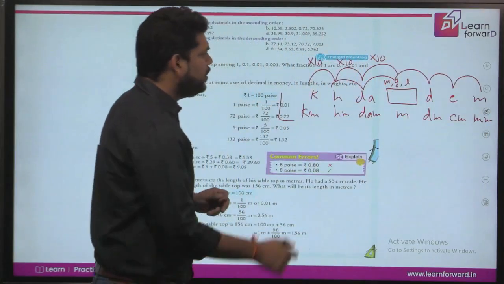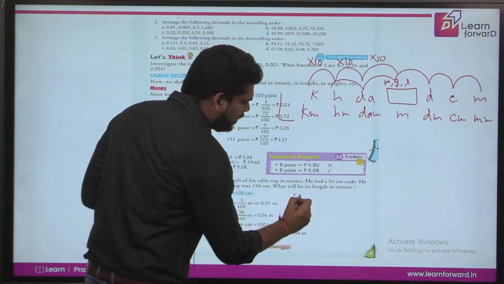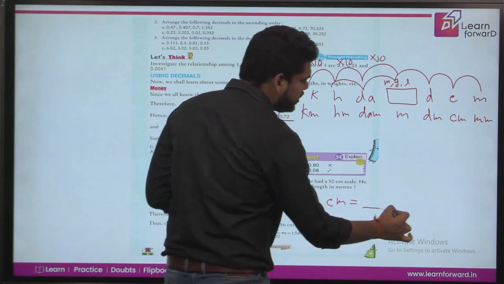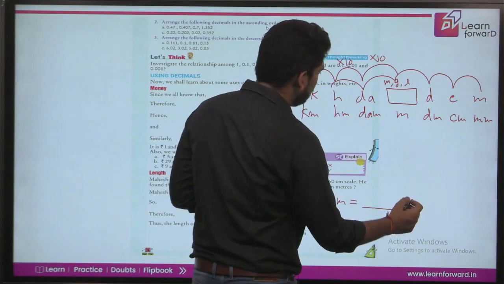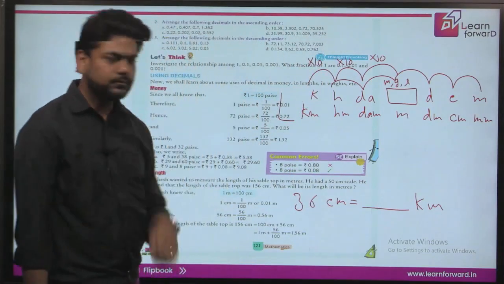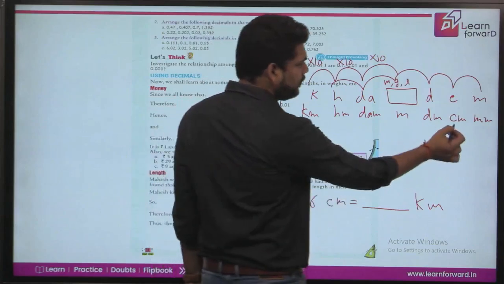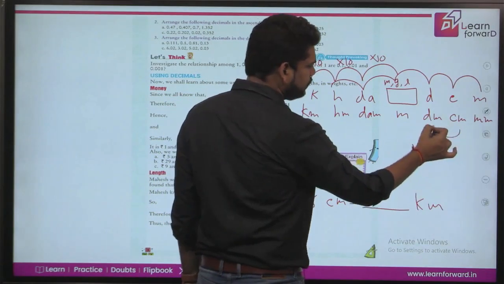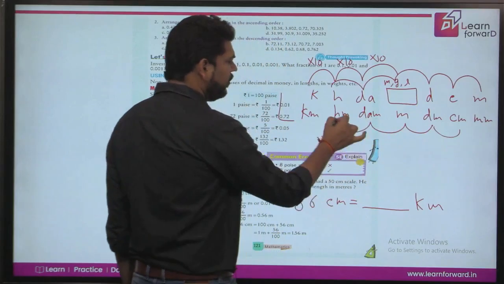Okay. Now let's suppose I am at 36 centimeter and the question is asking us to convert it into kilometer. Fine. I am at centimeter. I want to go to kilometer. How many jumps? 1, 2, 3, 4, 5.